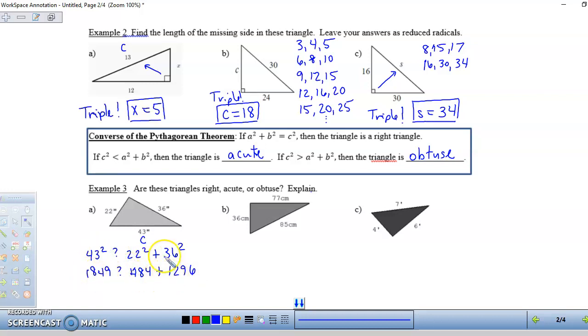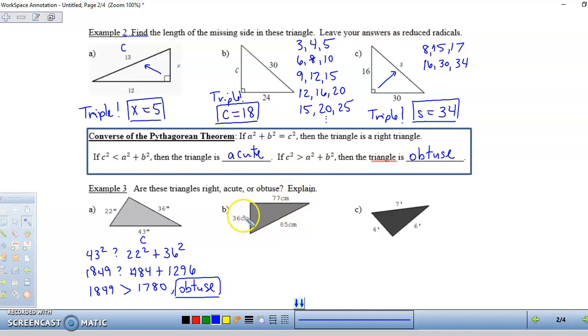All right, so now I'm going to add these two together. So 1296 plus the 484, sorry. So 1780. So what I have here is 1849, which is obviously bigger than 1780. And if it's bigger, it's obtuse. So this triangle is obtuse.